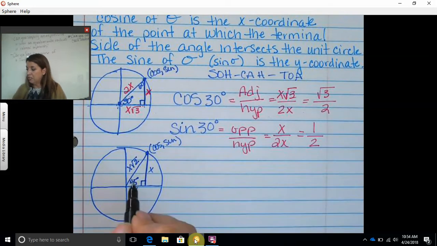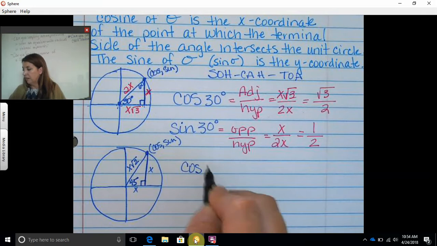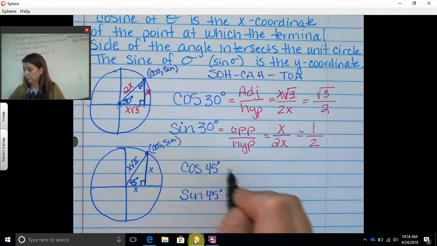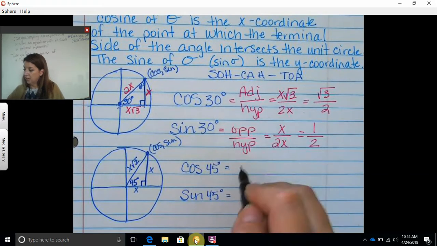And I'm finding the cosine of theta. Theta is this 45-degree angle right here. So I'm finding the cosine of 45 degrees and the sine of 45 degrees. So we know cosine's adjacent over hypotenuse.